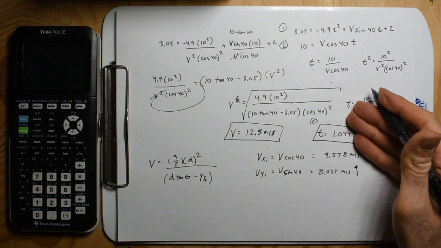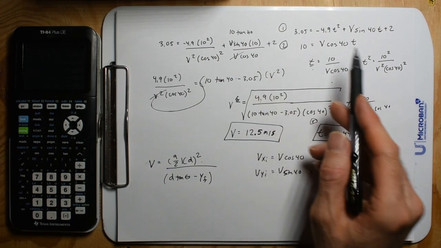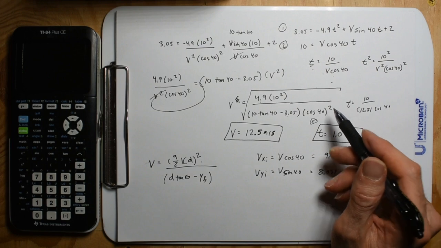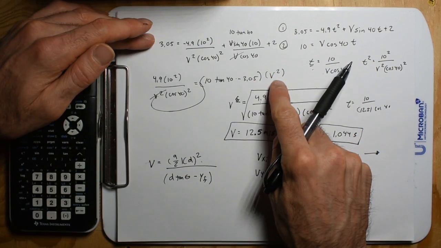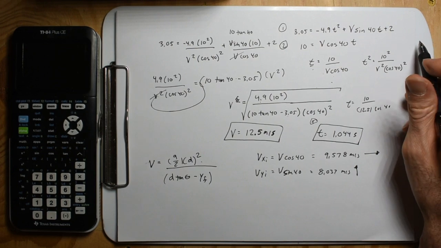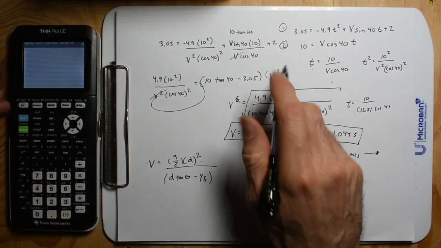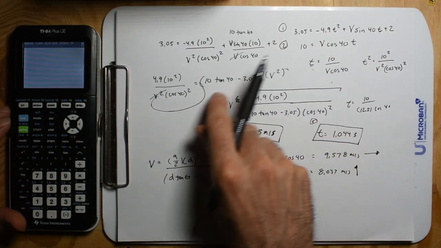Where did our 2 go, though? Did we lose it again? Oh my goodness, I'm going to kick myself. Every time I feel like I don't think I lost it because I put it in somewhere.